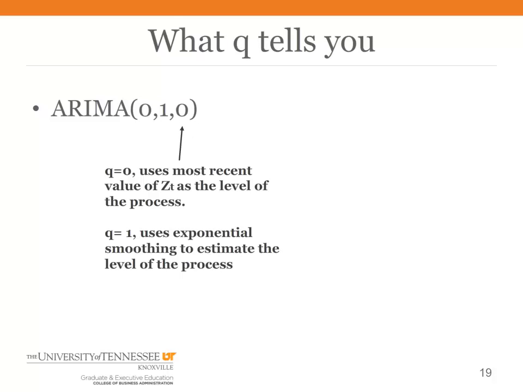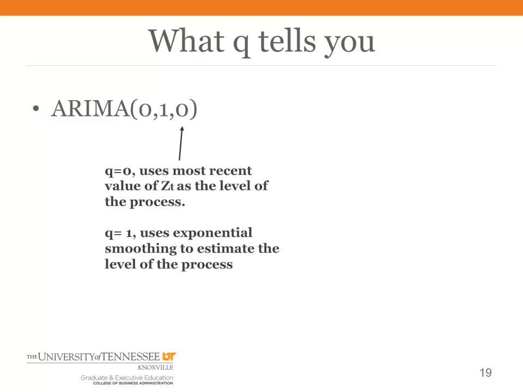And then finally, we'll look at the third number in that triplet, and we call that number Q. In particular, if I have an ARIMA model that has a 1 in the middle, which means the level changes over time, if I put a Q of 0 there, that tells us we're using a random walk model. The most recent value of Z, Z_T, is the level of the process.